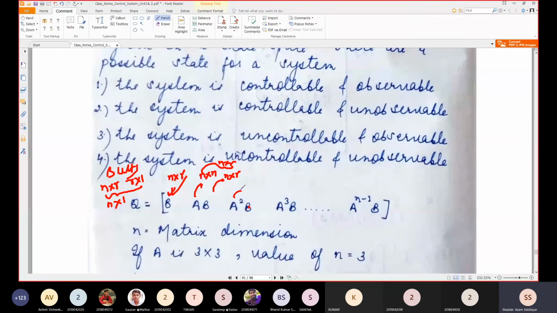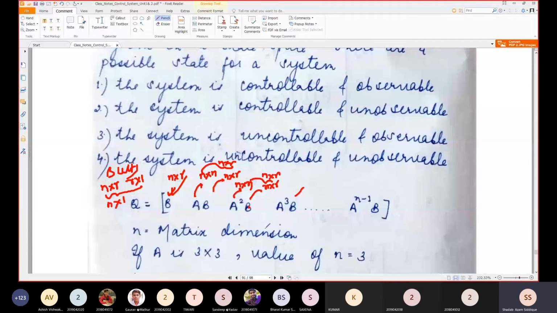Again, A square: if you multiply an n cross n matrix with n cross n, A square is also n cross n, and B is n cross R, so you get an n cross R matrix. All these are taken in the Q. Here n is the matrix dimension, and if A is 3 cross 3, the value of n will be 3.